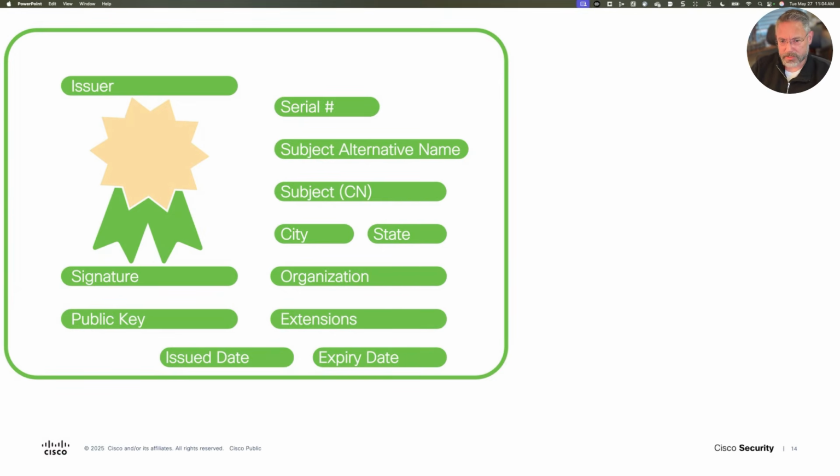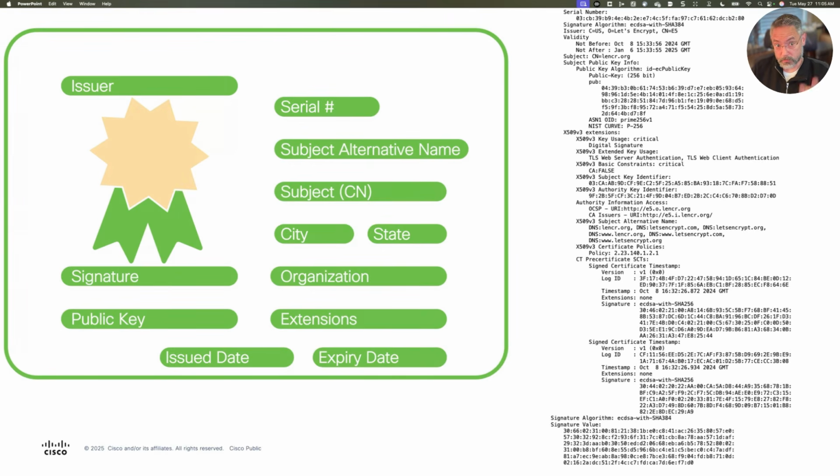And then the extensions, that's going to be how we're allowed to use the certificate. You know how you have the exclusions on the back of your driver's license that say you have to have your reading glasses, you can only operate a regular on-road vehicle, you don't have a commercial license. Well, your extensions is kind of the same way for a digital certificate. And we'll get into that, and you'll see how that's used as well.